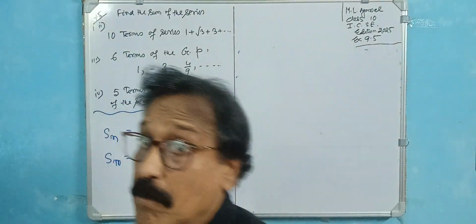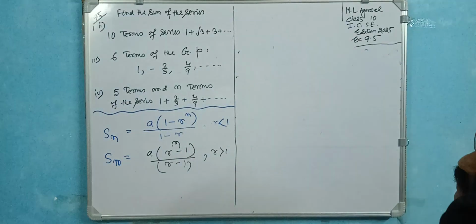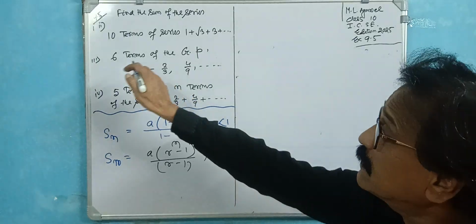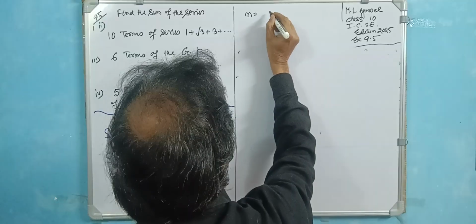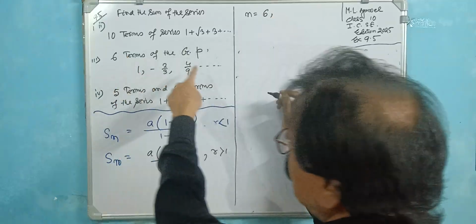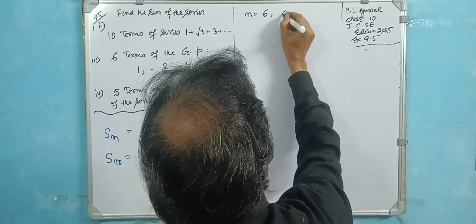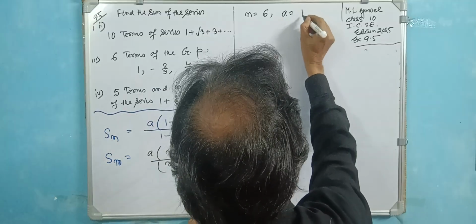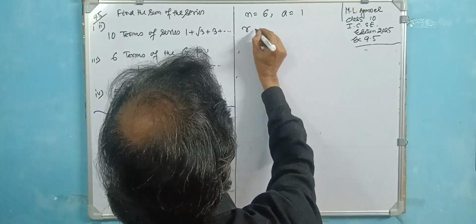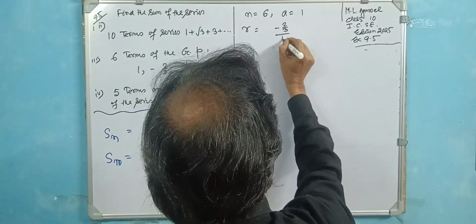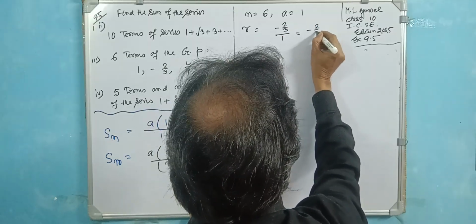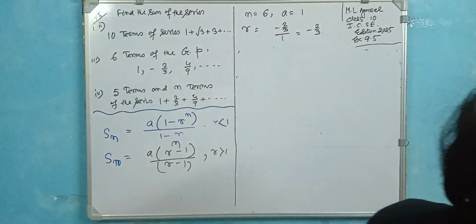Now the next sum. What is the sum of 6 terms of the GP? So n is 6. The first term a is 1 and the common ratio r is minus 2 by 3 by 1, so ultimately this is minus 2 by 3. Yes, here r is less than 1.